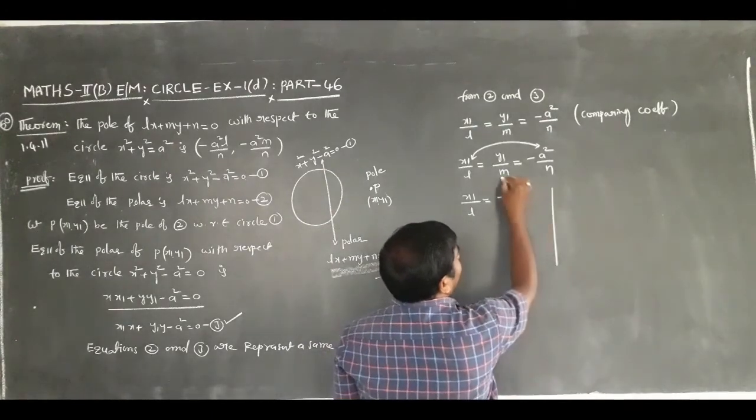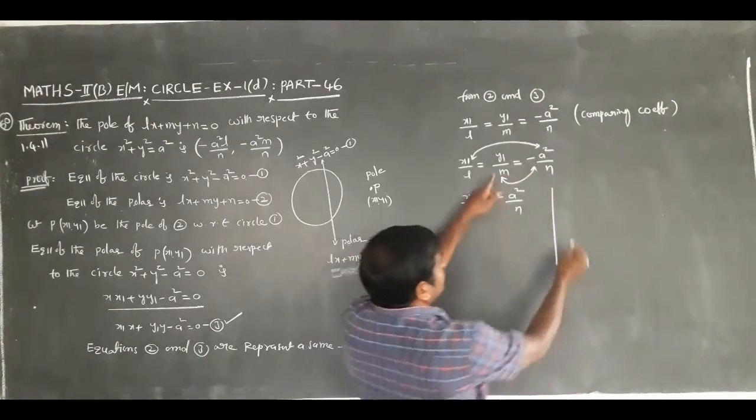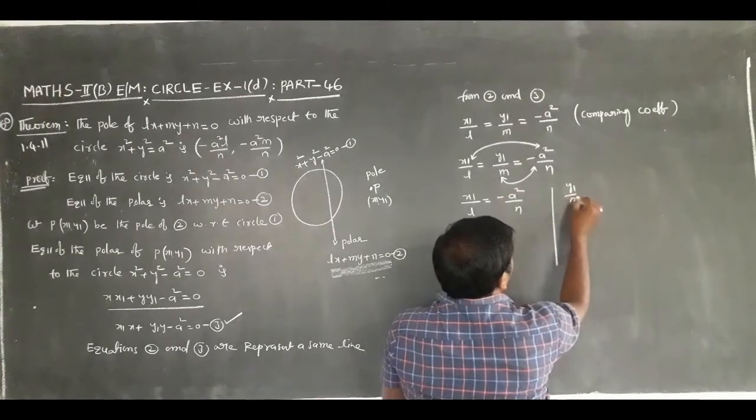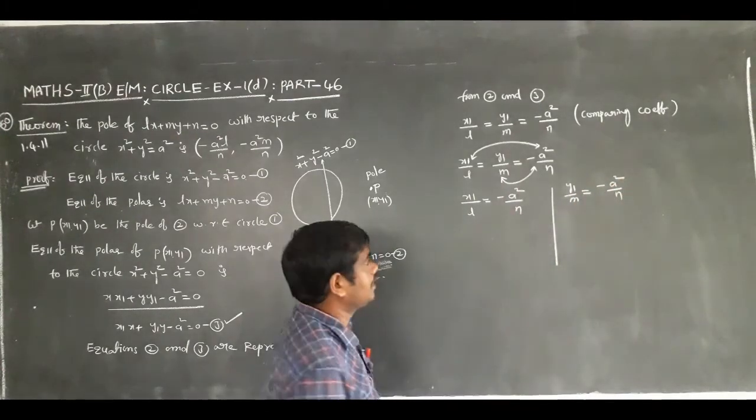Again, equating second and third: y1/M = −a²/N.